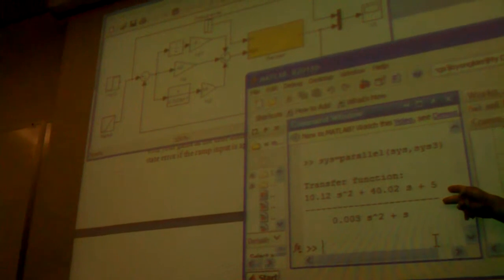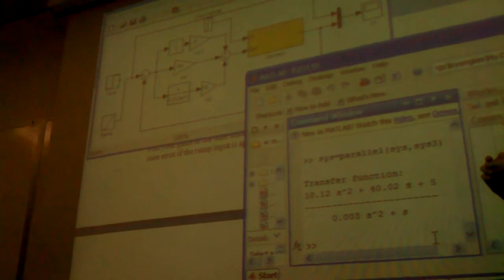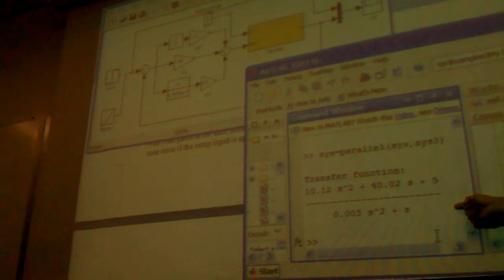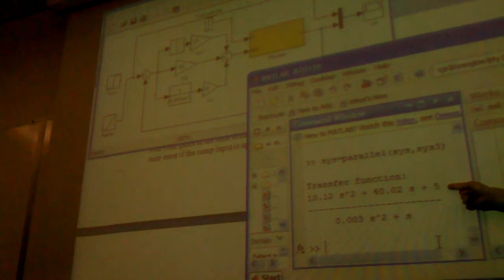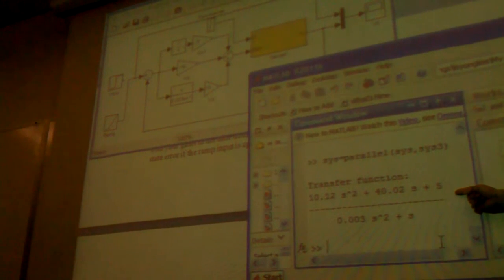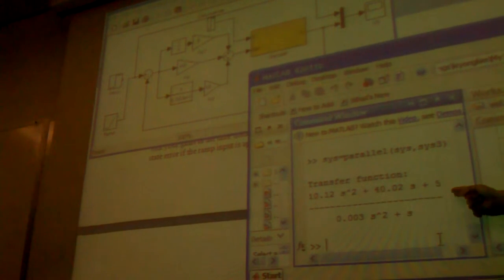Now by looking at this, how many poles does this transfer function have? How many poles? 2. How many zeros? 2 zeros, right? Got it? 2 zeros, 2 poles. Yes.